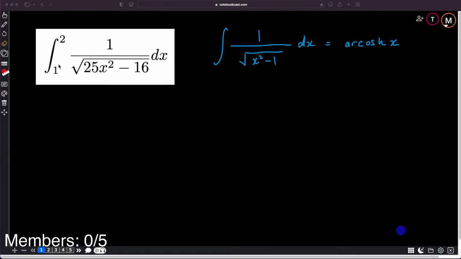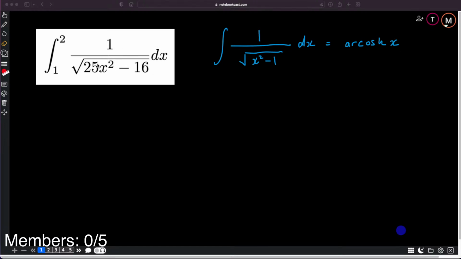So the question is to take this definite integral from 1 to 2 of 1 over the square root of 25x squared take 16 dx, and we have this identity we want to make use of. This is in the formula booklet for A-level further maths, which says the integral of 1 over the root of x squared take 1 dx is equal to arcosh x.